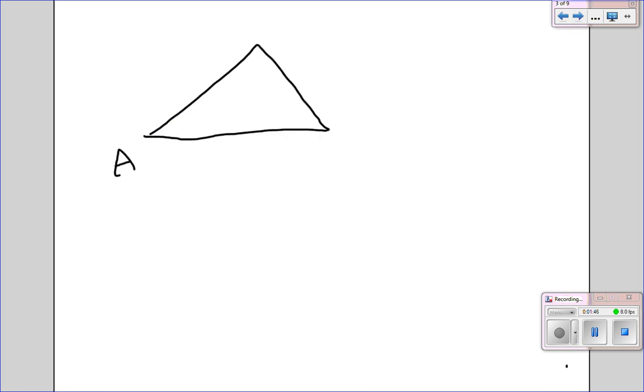So here we have triangle ABC. We know this side is 12, let's say 14, and let's say 52. So first off, you recognize you have an angle and two sides, and the angle is not between them, so law of sines. So sine 52, that's your angle, over its opposite side, which is 14.